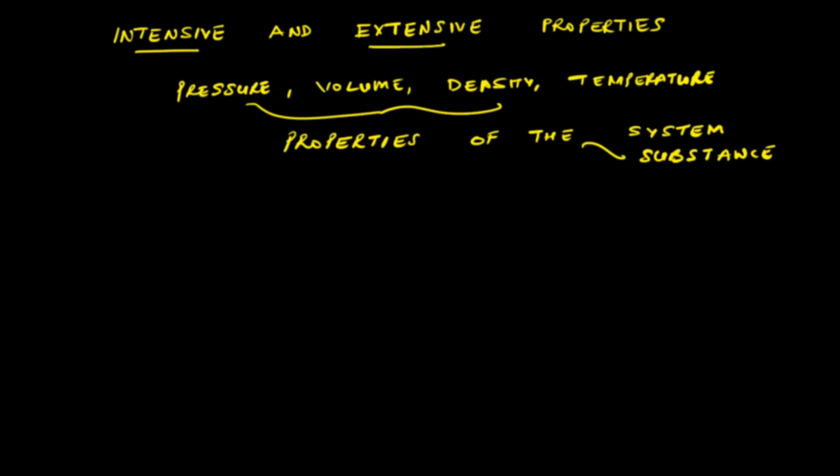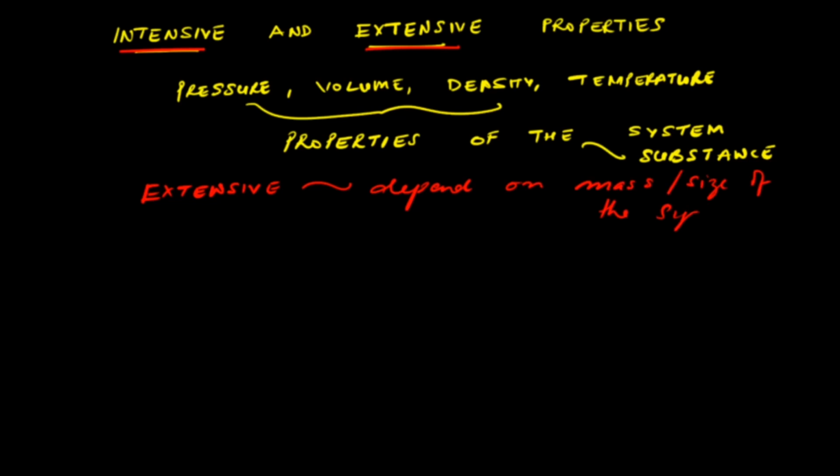Now these properties can be classified into intensive and extensive properties. Extensive properties are those that depend upon the mass or the size of the system. Clearly, examples of extensive properties are mass and volume. On the other hand, intensive properties are those that do not depend upon the mass of the substance contained in the system.